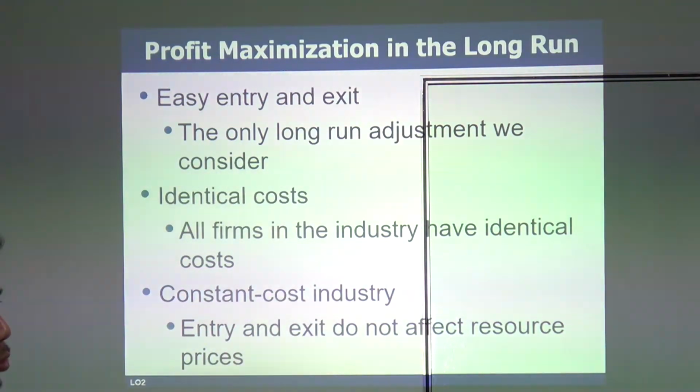And at the moment we assume that the industry is a constant cost industry, which I will discuss later. A constant cost industry means that entry and exit of firms will not have any impact on the cost of production.